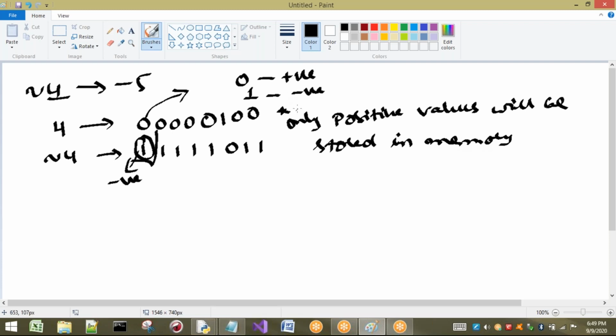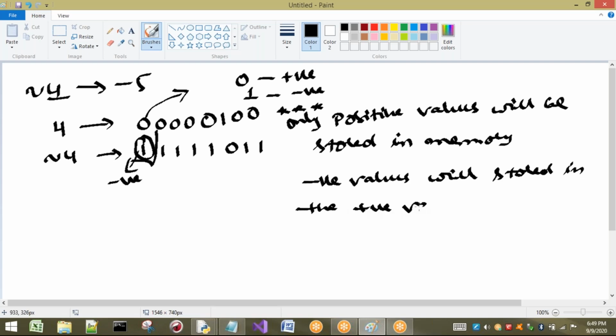Then you may get some doubt: sir, how can negative values be stored? Negative values will be stored in the form of positive values. How will it be done? By converting a positive value to negative, sorry, by using 2's complement.